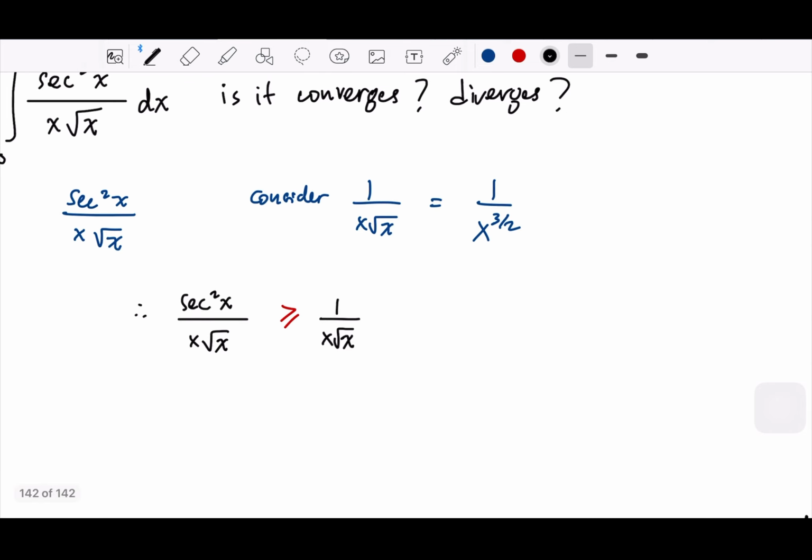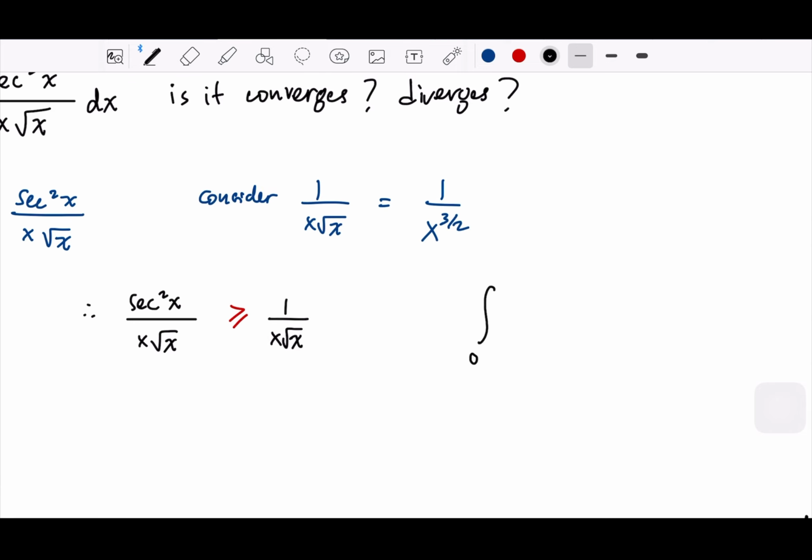And we know that for the integral from 0 to 1 of 1 over x to the power of p, when p is greater or equal to 1, this will diverge. And when p is less than 1, this will converge.